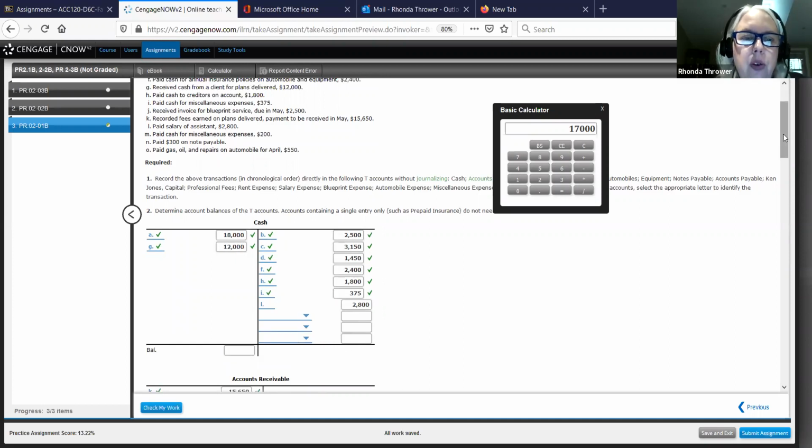Now in chapter 4, we don't do that, but in chapter 2 and 3, our expenses always are increasing. So that's another little tip that might help you. My expenses are going to be increasing by $2,800 for my salary.